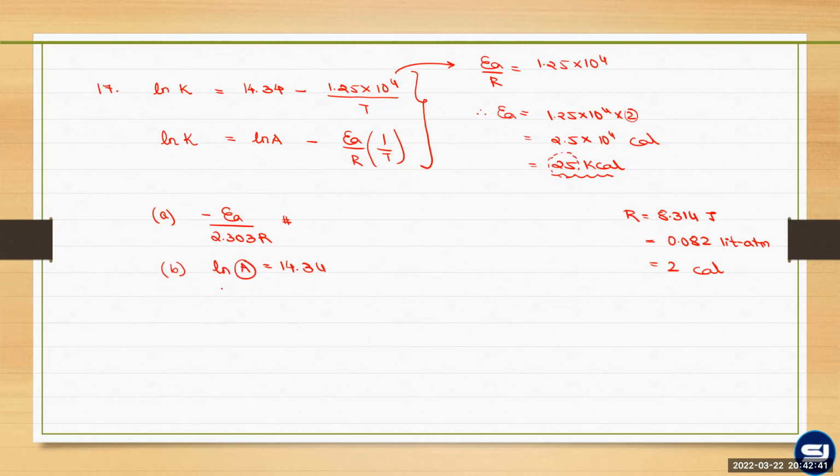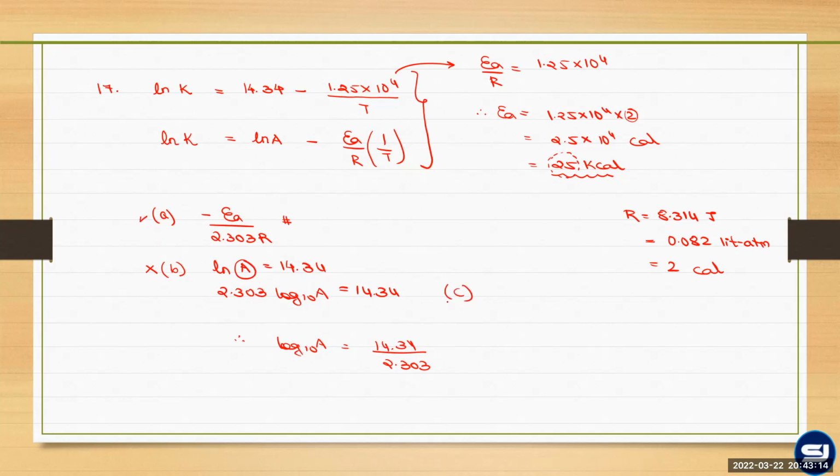Convert to log 10. तो पहले तो आप करोगे 2.303 log of A to the base 10 equal to 14.34. फिर आप करोगे log of A to the base 10 equal to 14.34 divided by 2.303 and then antilog लेकर आपको A का वैल्यू मिलेगा. तो प्री एक्सपोनेंशियल फैक्टर इज नॉट 14.34. सो ऑप्शन B आपका रॉन्ग है. समझा?